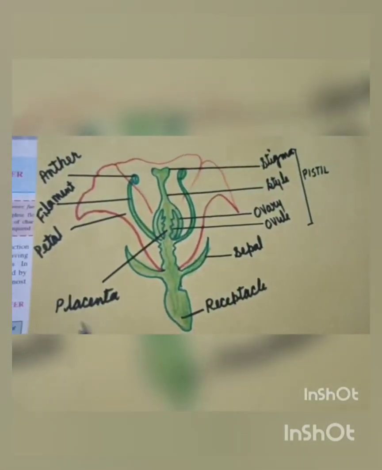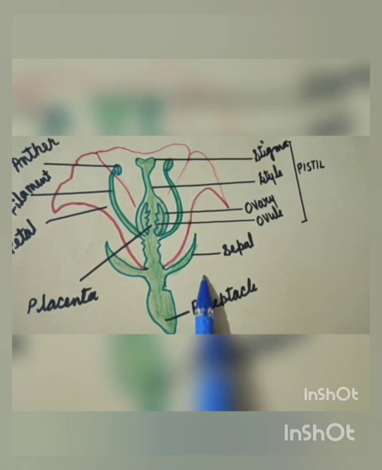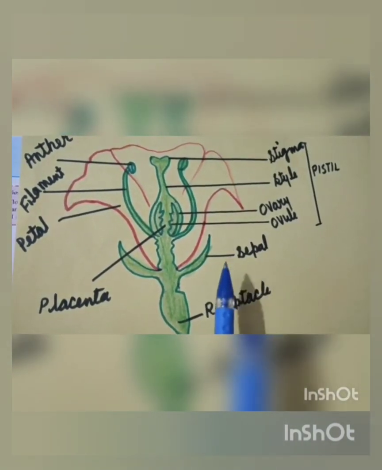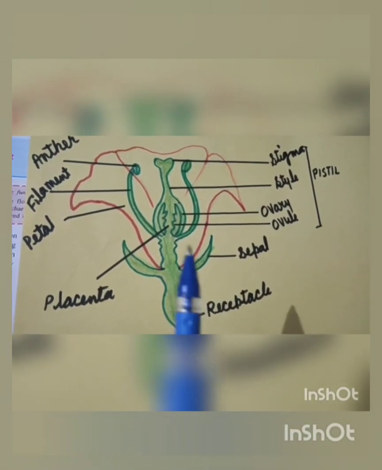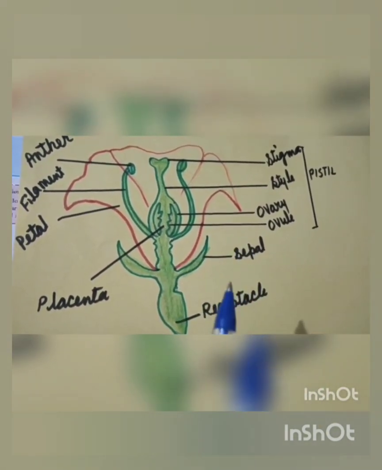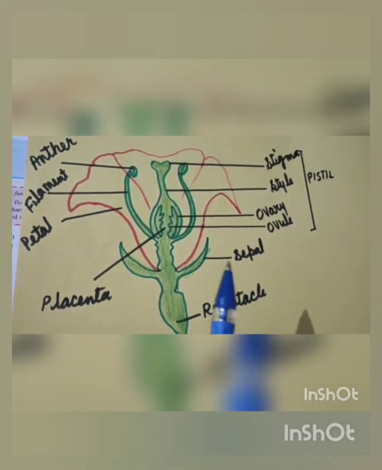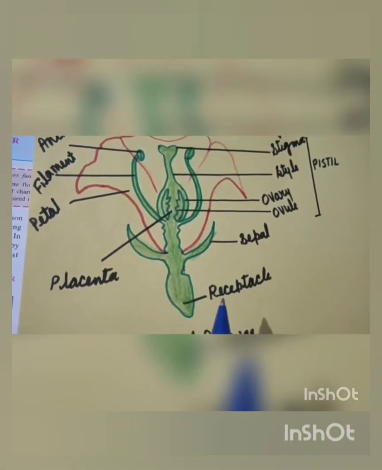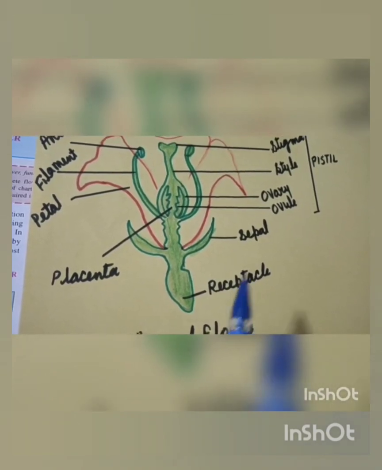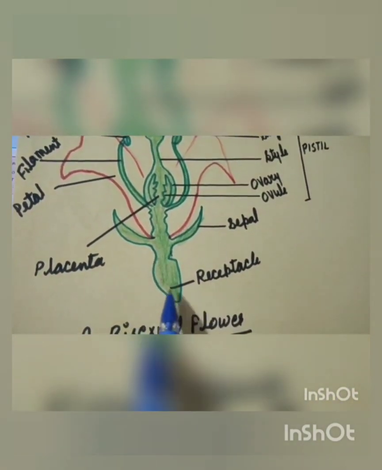Here is a diagrammatic representation of a flower. First of all, there is the stalk which supports the flower. Some flowers may be without stalk, and the tip of the flower stalk may be expanded to form a cup-shaped structure.